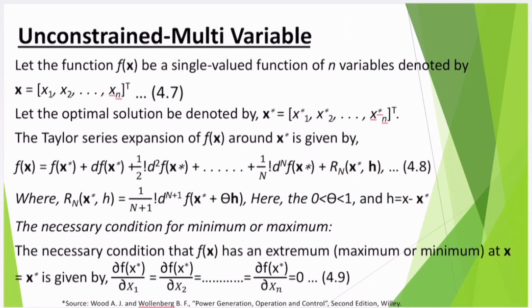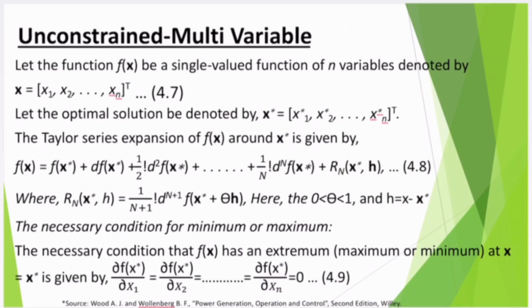Now if I extend this problem to multivariable, it is unconstrained but multivariable. Instead of one variable, you can have multiple variables. I will just tell you the importance. You may be surprised to see it in a power system, economic operation, control system, and we are talking about optimization. When you try to solve a problem, there are thousands of generators, and you need to find the optimal power output of each generator.